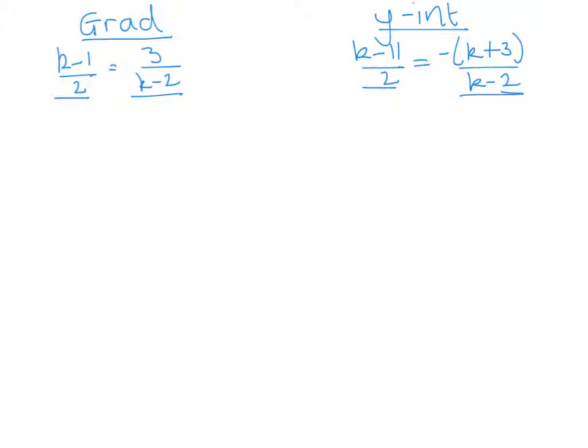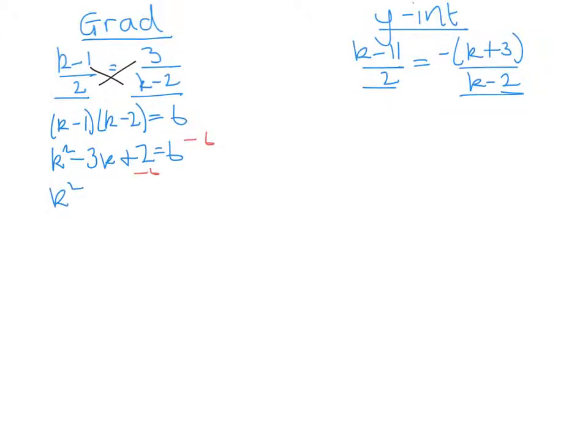In order to solve this first equation, let me cross multiply. I'll end up with k minus 1, k minus 2 is equal to 6. Then I'll expand this side, so I'll end up with k squared minus 3k plus 2 is equal to 6. If I minus 6 from both sides, I'll get k squared minus 3k minus 4 equal to 0.